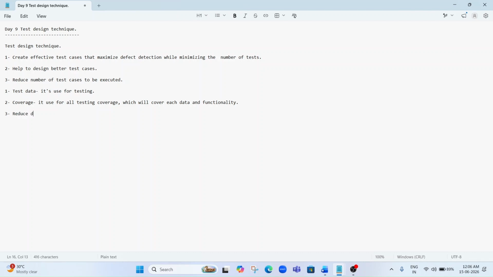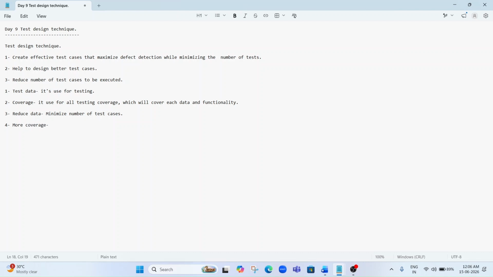The third point is to reduce data and minimize the number of test cases. Sometimes we do not need to execute certain test cases because testing is very time consuming. That's why test design technique is used during testing, with more coverage.